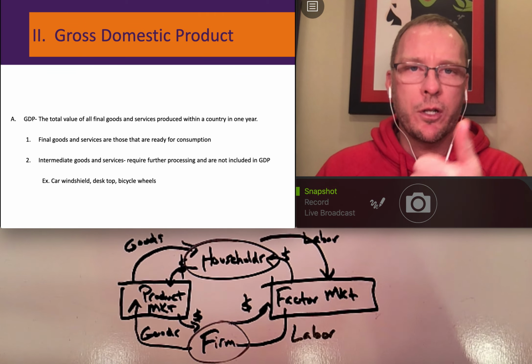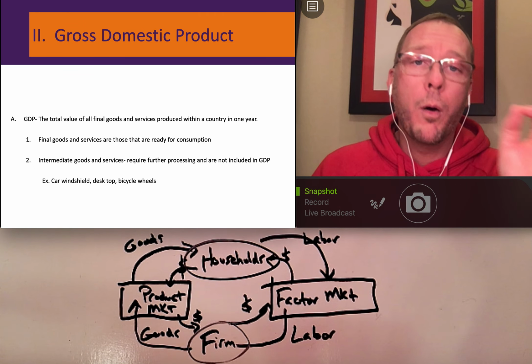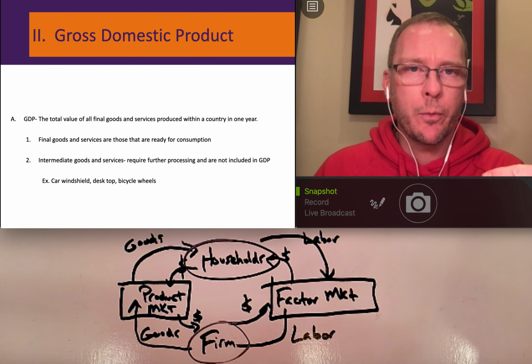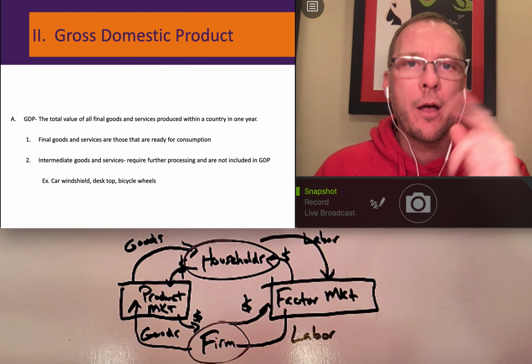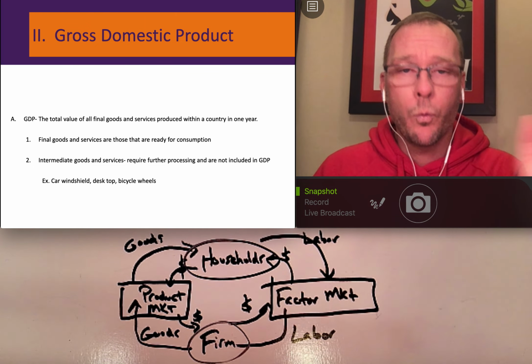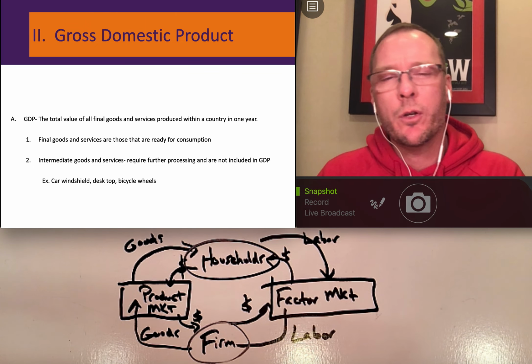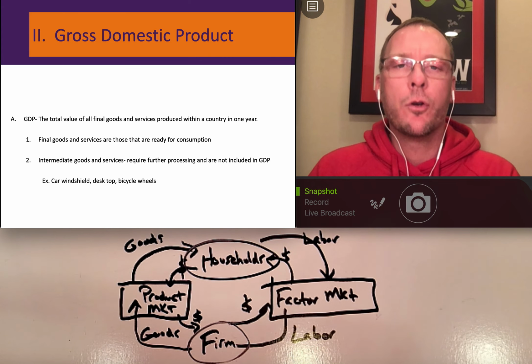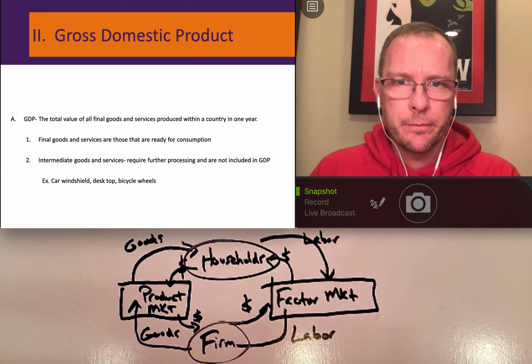Like you can't count the windshield and then count the car. But if you smash your windshield and you get a replacement windshield for your current car, that windshield, the new one, would be included in GDP. So you have to be kind of careful. Intermediate goods don't get counted. New goods do get counted.